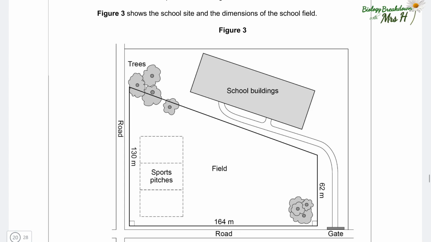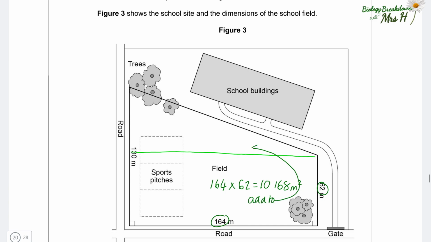And if you have a look at this shape here, the best thing we can do is divide it into a rectangle. And then we know we've got 62 metres times 164. So that gives us 10,168. Then we're going to need to add that to the triangle we're left with. And we know it's half base times height for the area of a triangle.